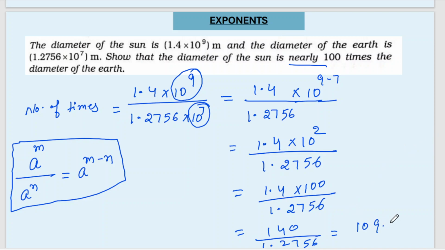Okay, 109.75. Okay, so that means nearly this is around 110, but they have asked to only prove it by 100 times. It's okay. We don't have to find the exact answer.